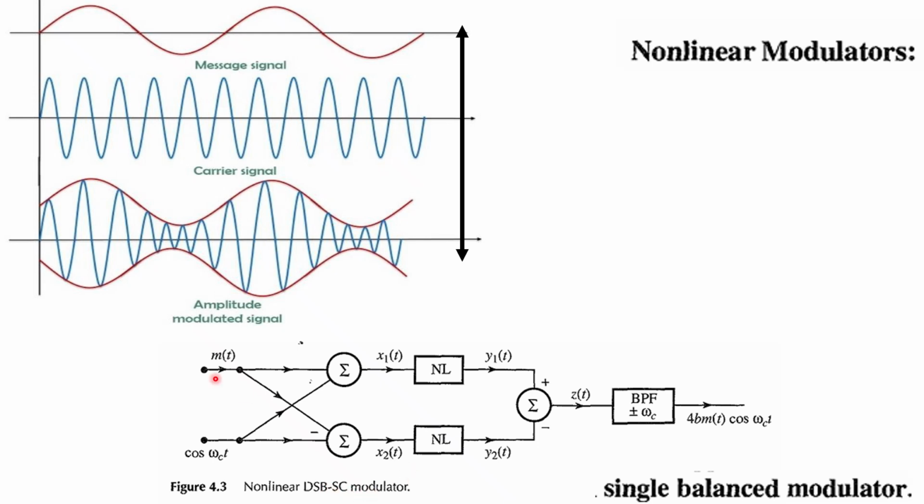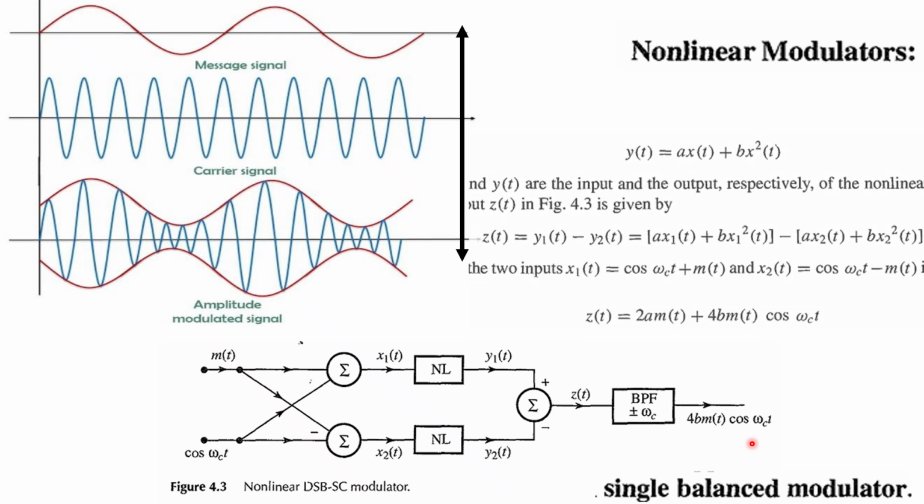Here, m(t) and the carrier cos omega_c t are added, and the nonlinear device gives y1(t) and y2(t), which are combined and passed through the band pass filter. Finally you will get 4b m(t) cos omega_c t.